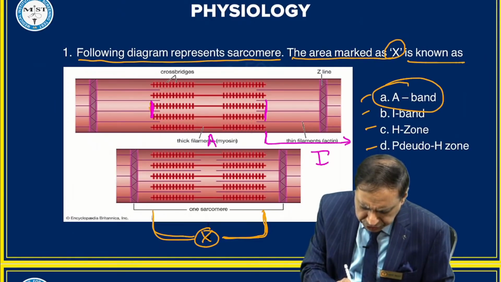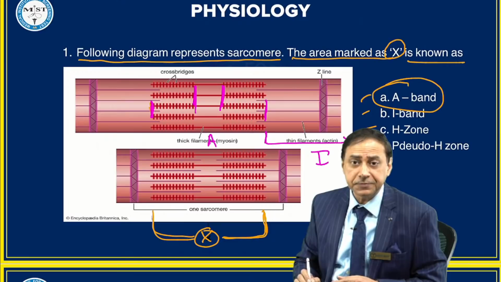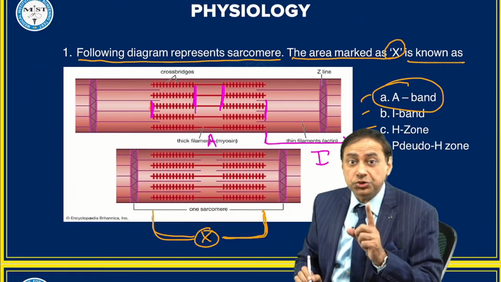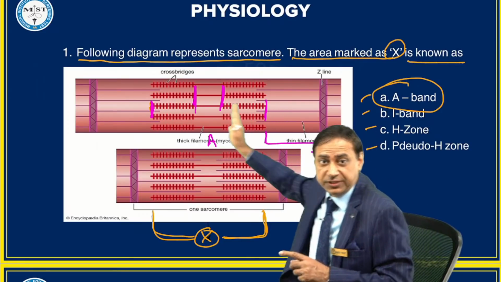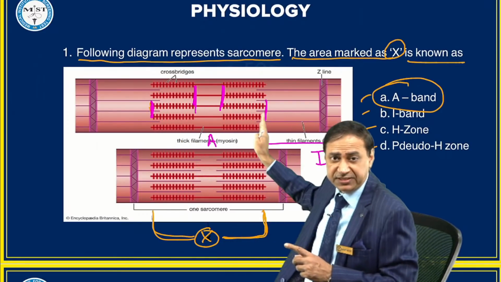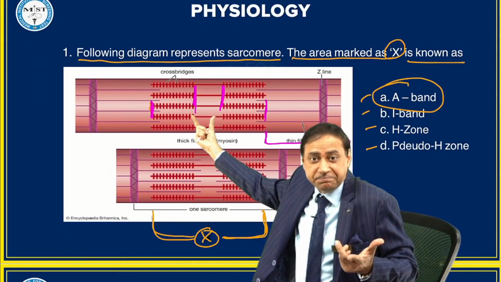Now this portion, which will start from here and go up to this point, what is this? This is pseudo H. In the center of the myosin, this portion, there are no cross bridges.